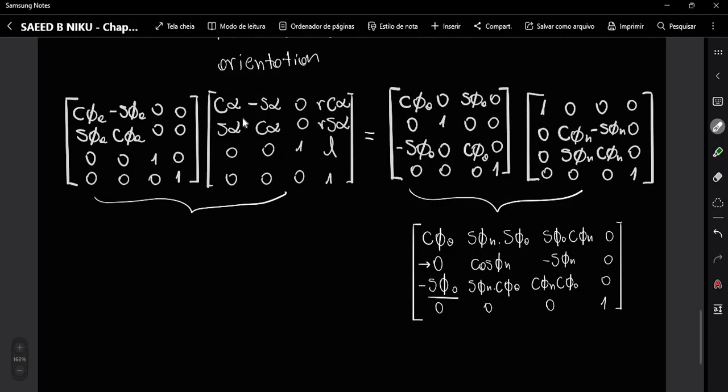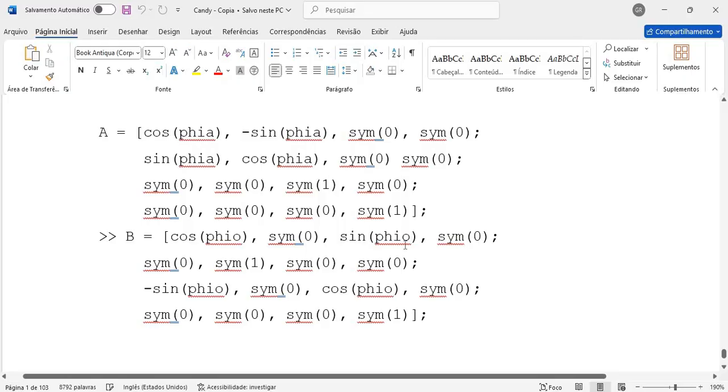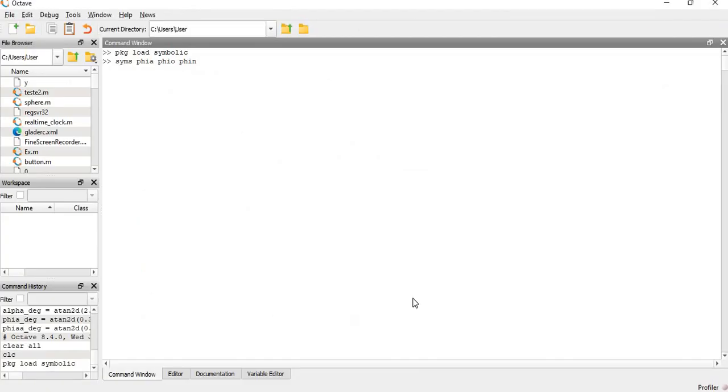We will use again alpha and R, and also L.